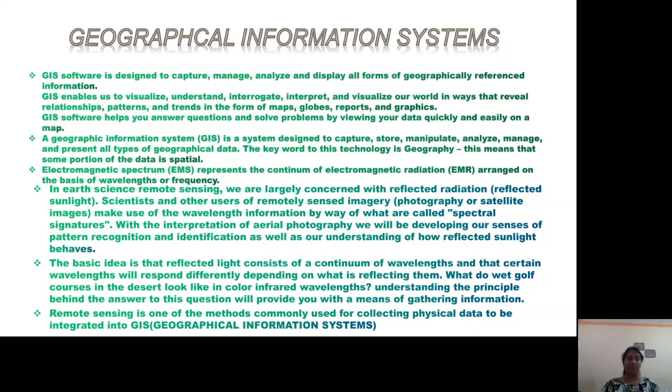Remote sensing is used in GIS by scanning the Earth from high-flying aircraft in order to obtain information about it. GIS helps in viewing data quickly and easily on a map.